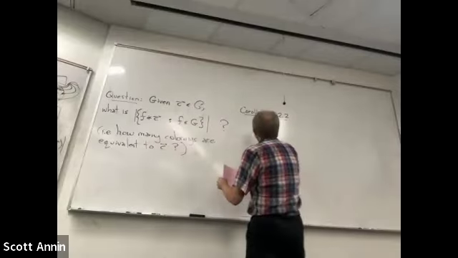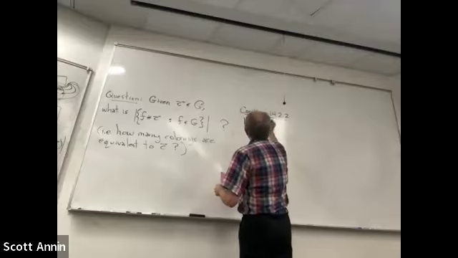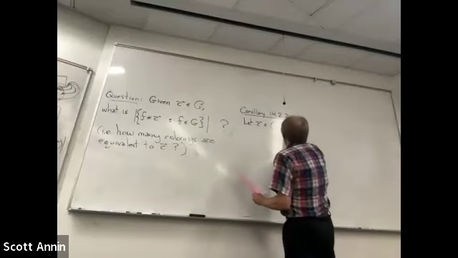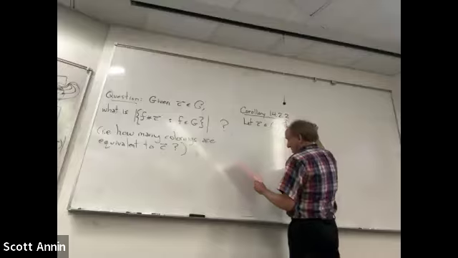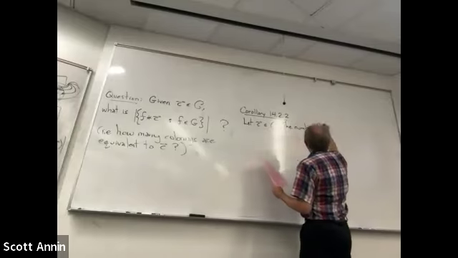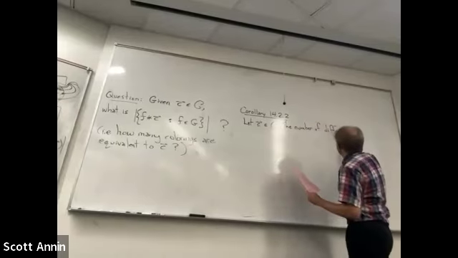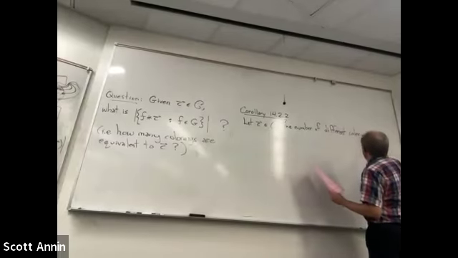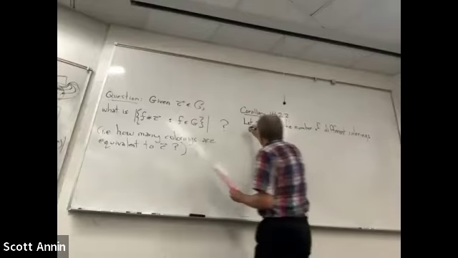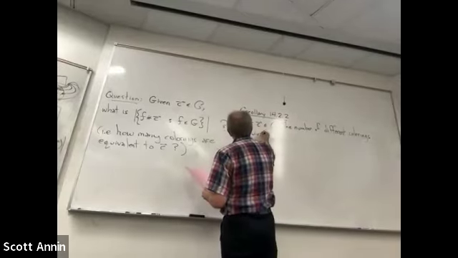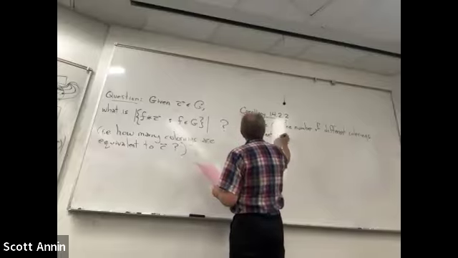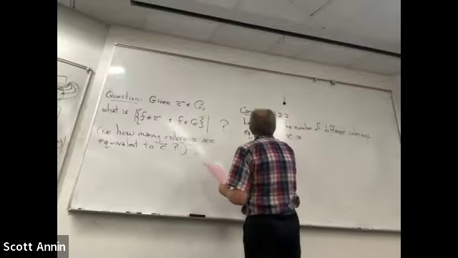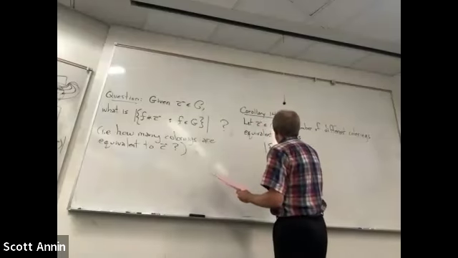Let's get this down. So let's let C be a coloring. The number of different colorings, notice I'm saying different, the number of different colorings equivalent to C is the size of this set that we just wrote down.